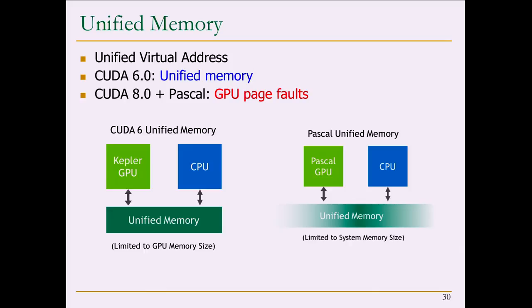This page fault is forwarded to the CPU, and the CPU will take care of going to probably the disk for this page, and then migrate this page from the CPU memory to the GPU memory. And this can be done transparently for the programmer.